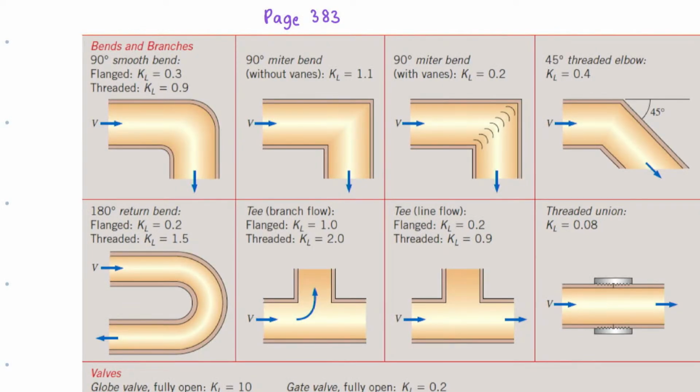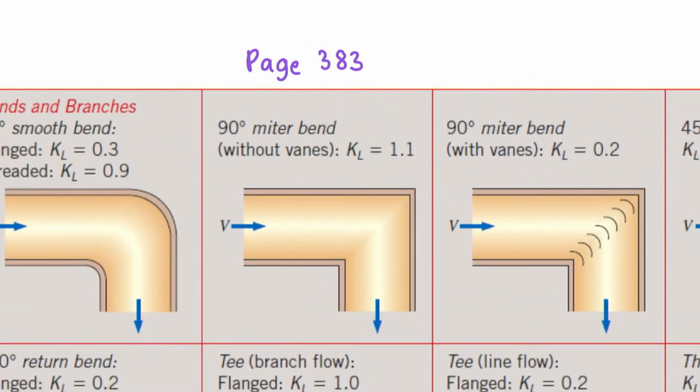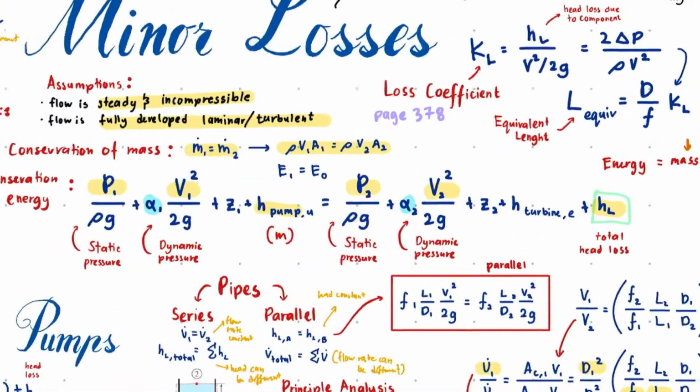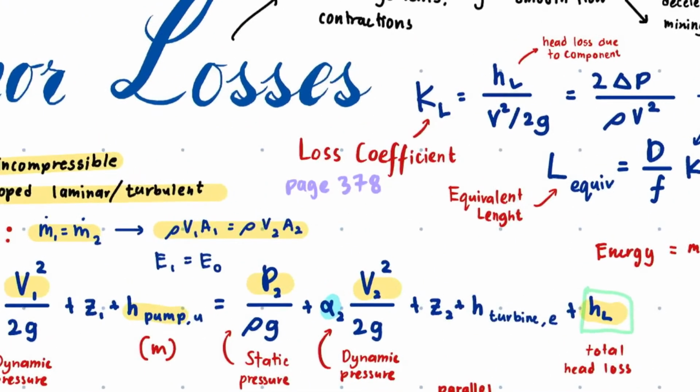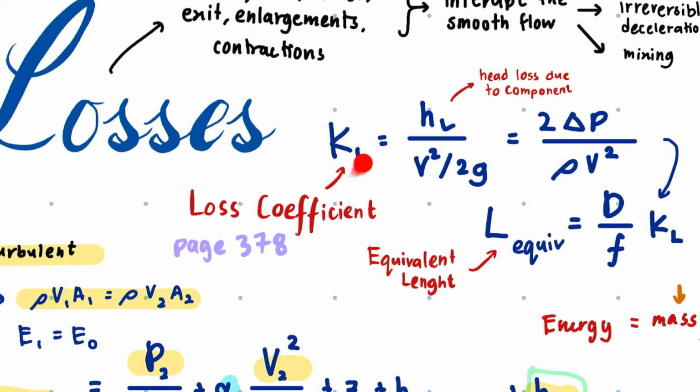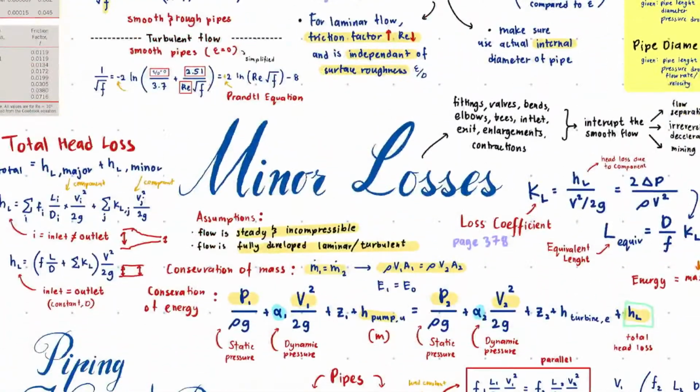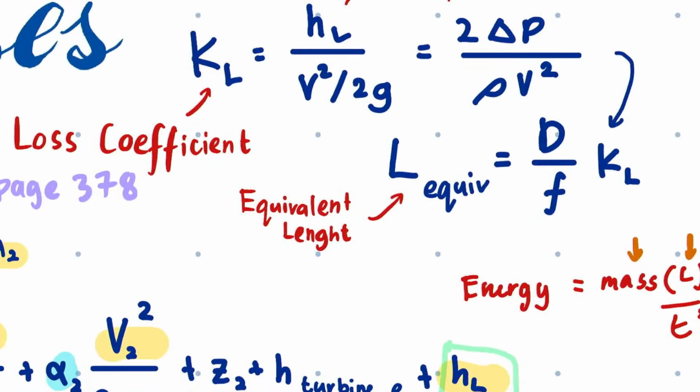Okay, resuming. Page 383. Okay, so minor losses. KL is what we call the loss coefficient.